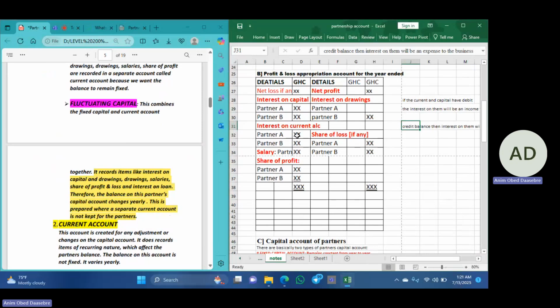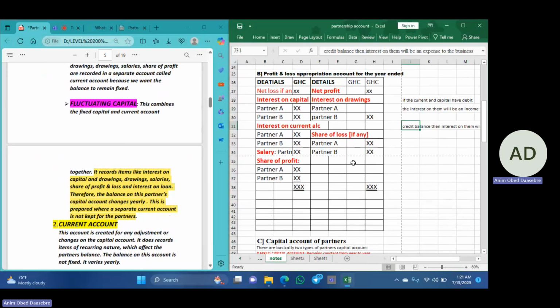Interest on capital is at the debit side of the appropriation accounts. At the current account, it will go to the credit side as an income toward the partners. The same way salary will go toward the credit side of the current account. And share of profit too will go toward the credit side of the current accounts.